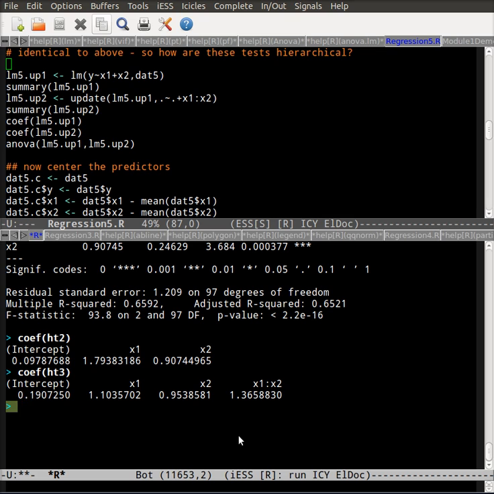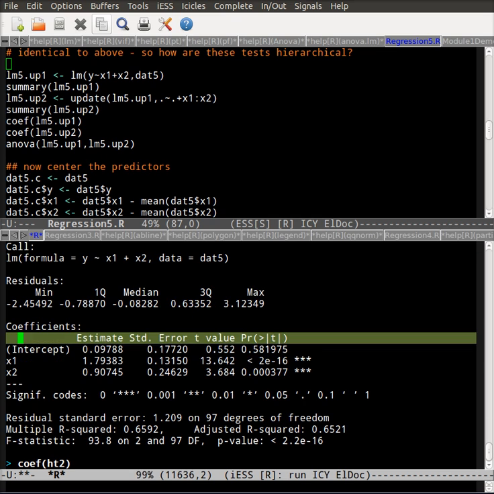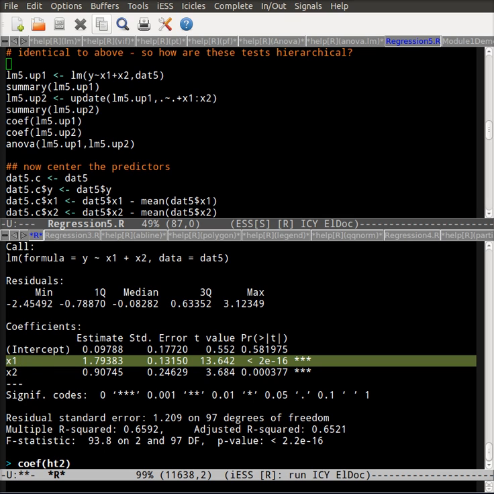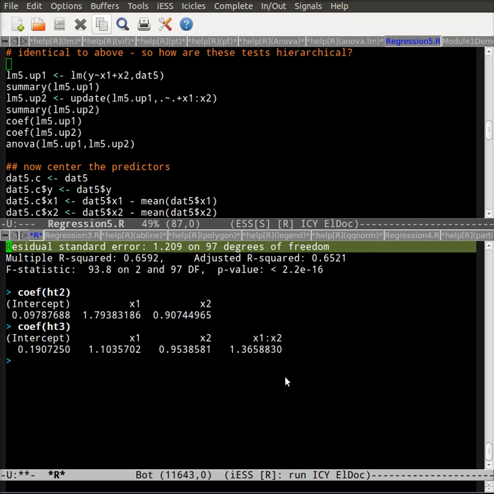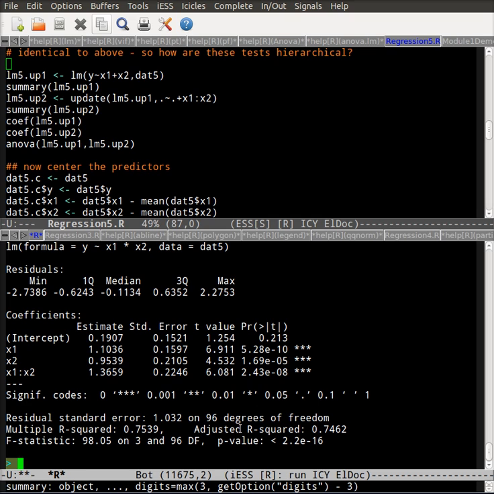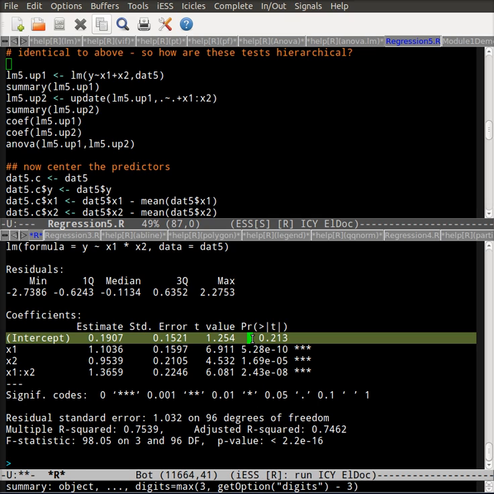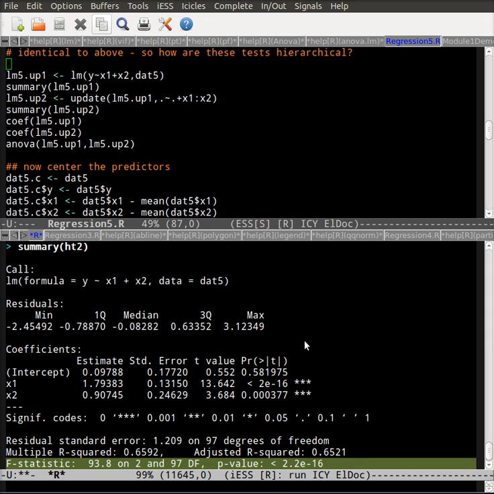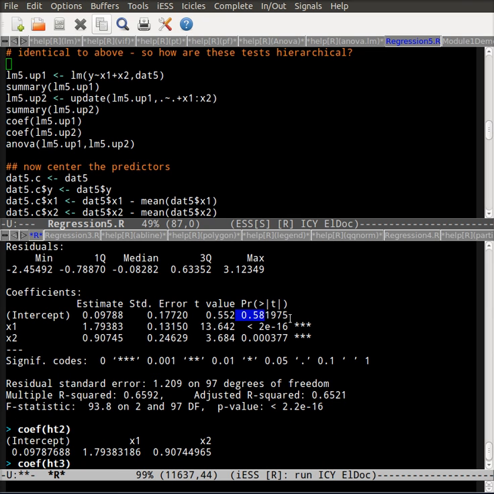Additionally, we also have different p-values. If I look at the summary for just my main effects model, I have associated p-values. Granted, they're significant, but they are different p-values than I would get when I do my summary for HT3. So let's compare them. My intercept for my full model with my interaction has a p-value of 0.21. For just the main effects, it's 0.58.